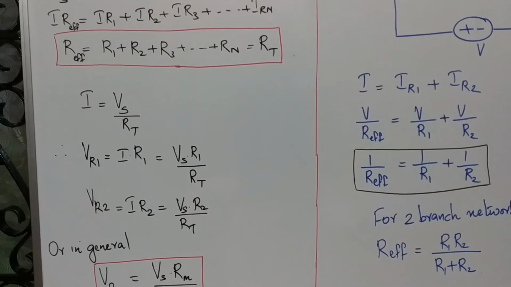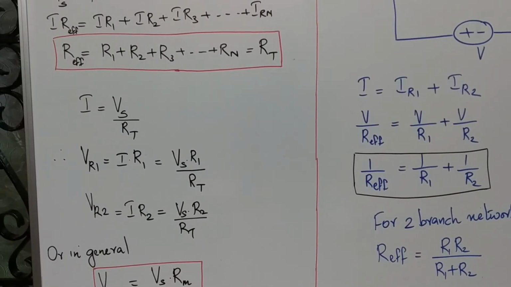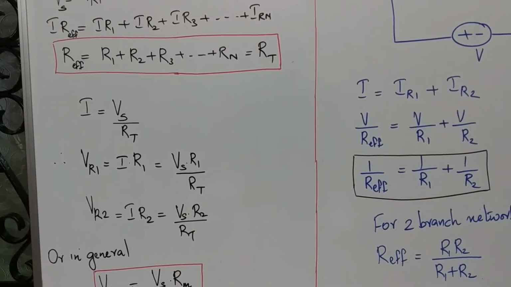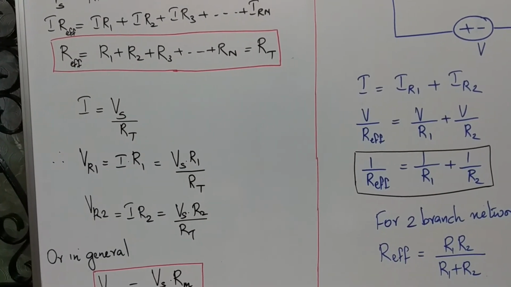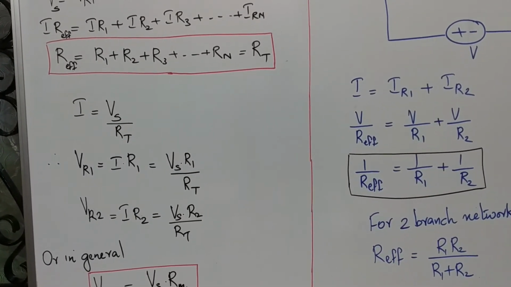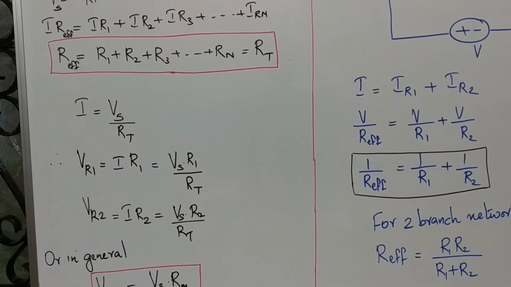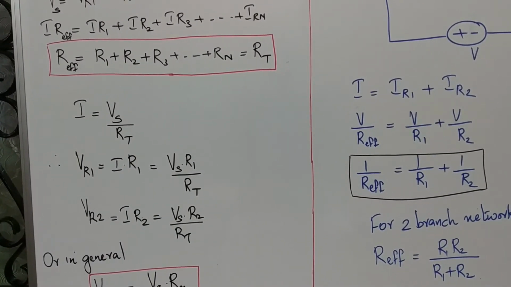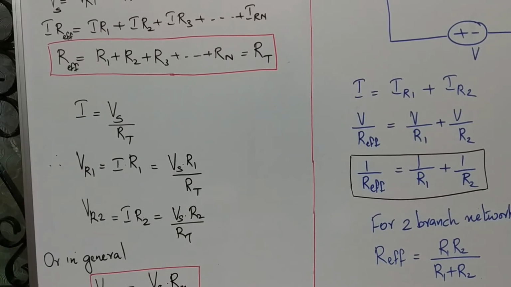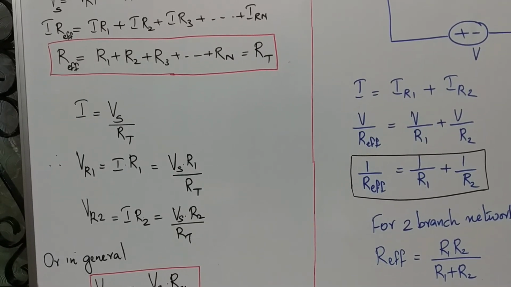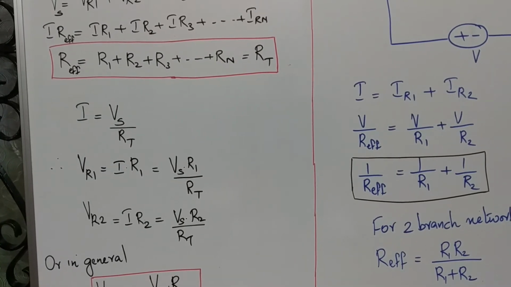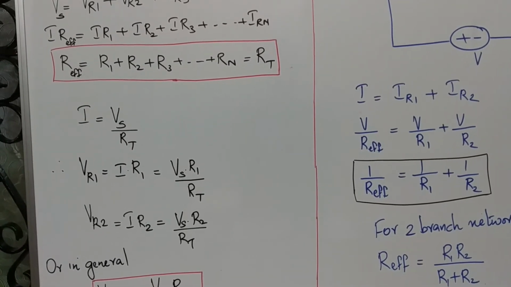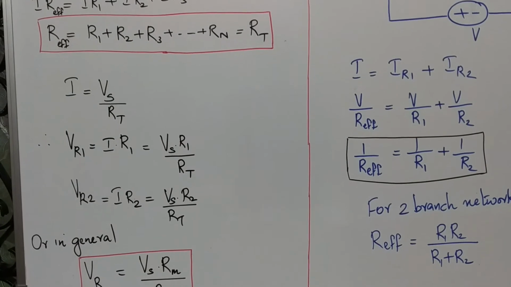What is VR1? VR1 will be current flowing through R1 into R1. That is VR1 is I into R1. I we have already written before. So I you can substitute, which is Vs by RT into R1. That is voltage drop across R1 equal to total voltage into R1 by total resistance.